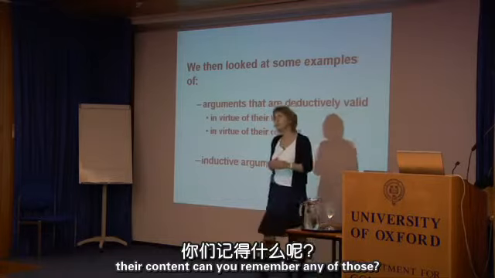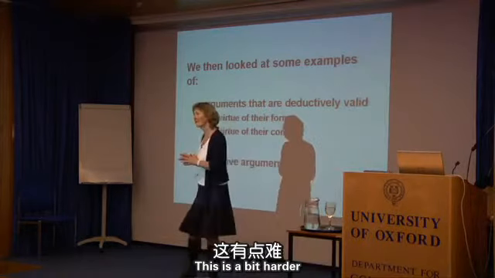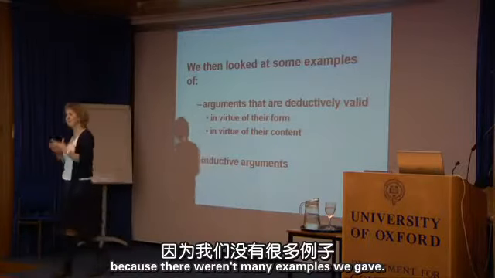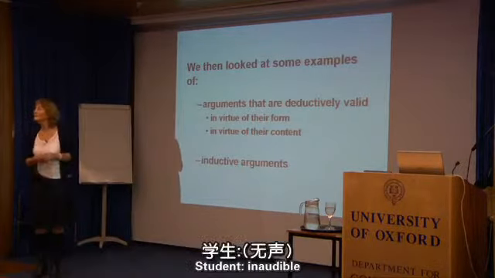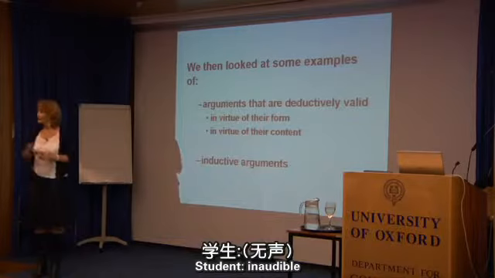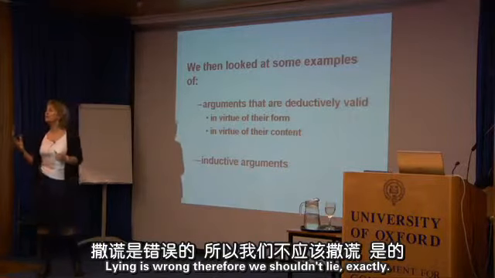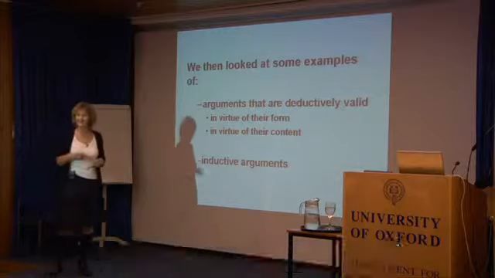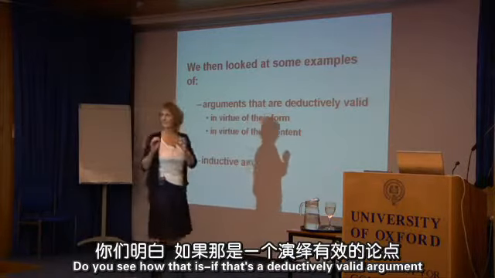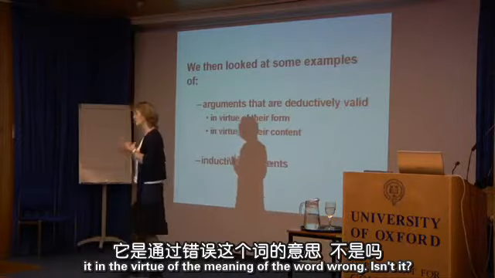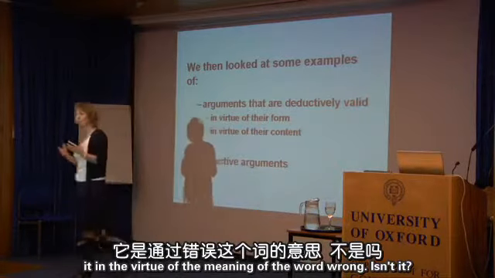Can you remember any of those? This is a bit harder because they were only examples that we gave. Not quite. Lying is wrong, therefore we shouldn't lie. Exactly. Do you see how, if that's a deductively valid argument, it's in virtue of the meaning of the word wrong?